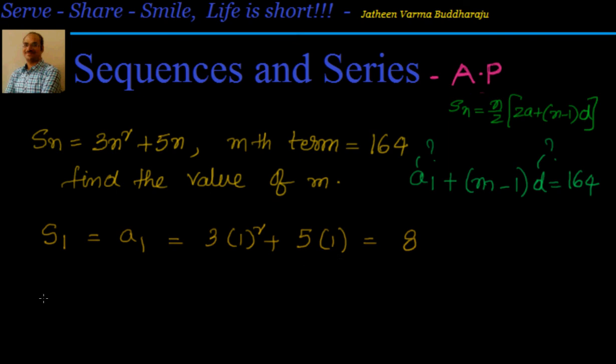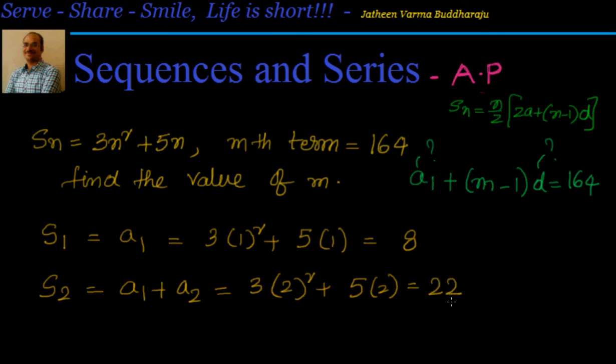We know a1 equal to 8. Sum of 2 terms, that's a1 plus a2, equal to 3 into 2 square plus 5 into 2. 2 2s are 4, 4 3s are 12, 12 plus 10, that is 22.